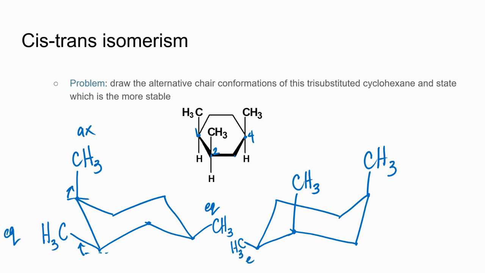And so on flipping, we get equatorial, axial, axial. Well, we're going to prefer where we're able to have 2 groups equatorial versus only 1. And so we would have a larger arrow showing a preference stability-wise for the conformation on the left. So I hope that you are now more confident in your ability to draw the chair conformations of cyclohexane.